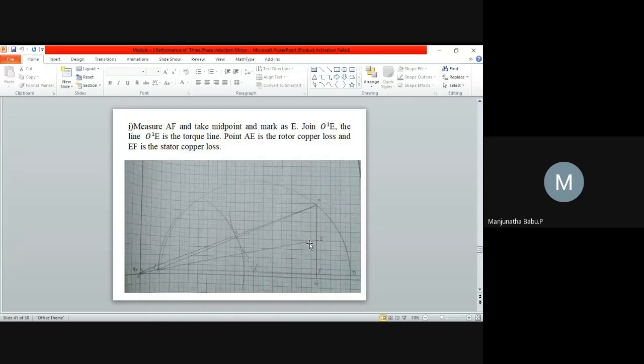O dash E is the torque line and O dash A is the output line. Now AE is the rotor copper loss and EF is the stator copper loss. Shall I go to the next slide?